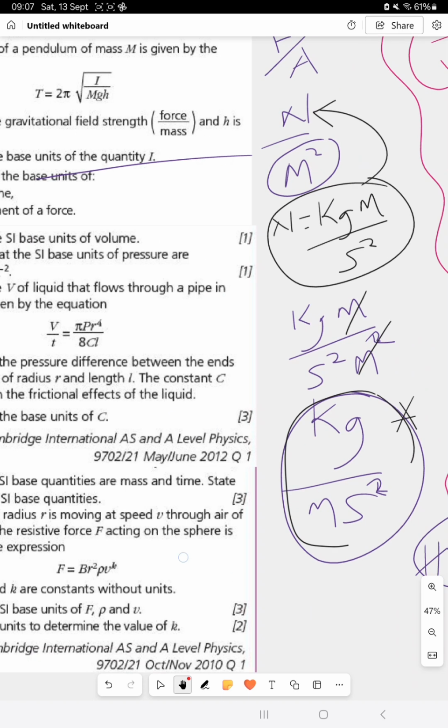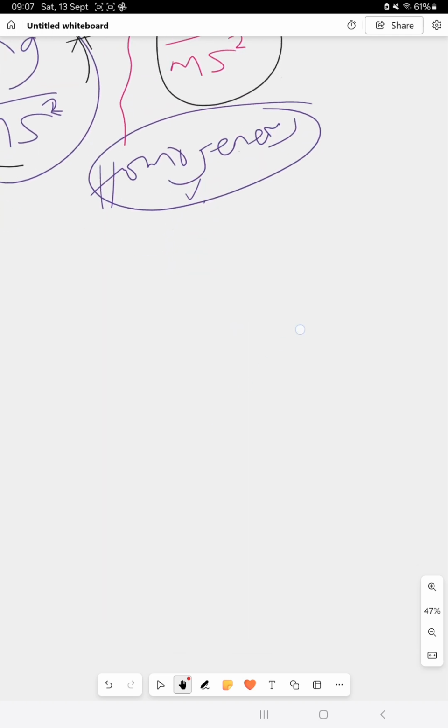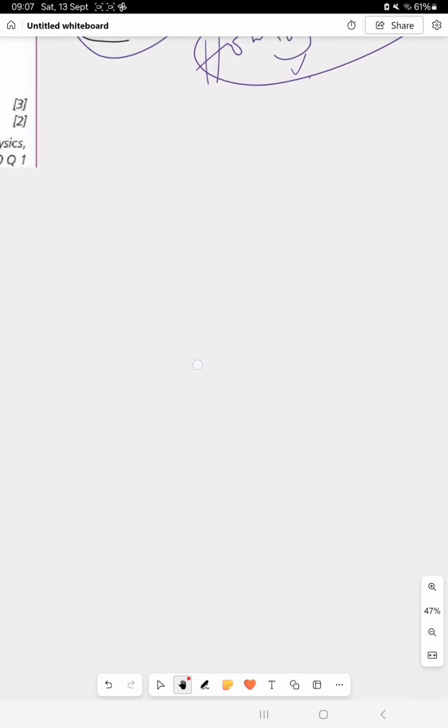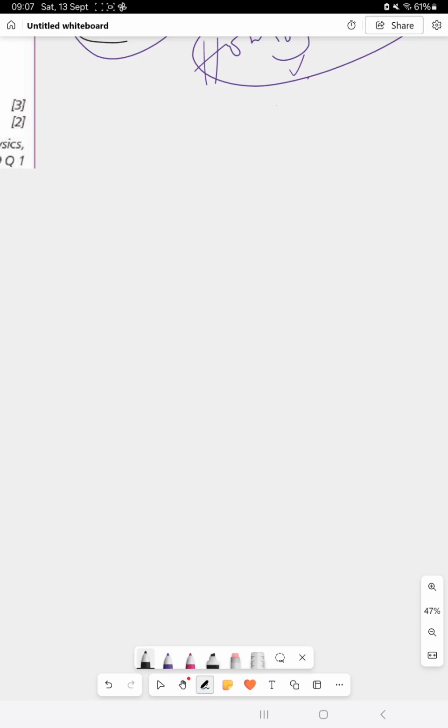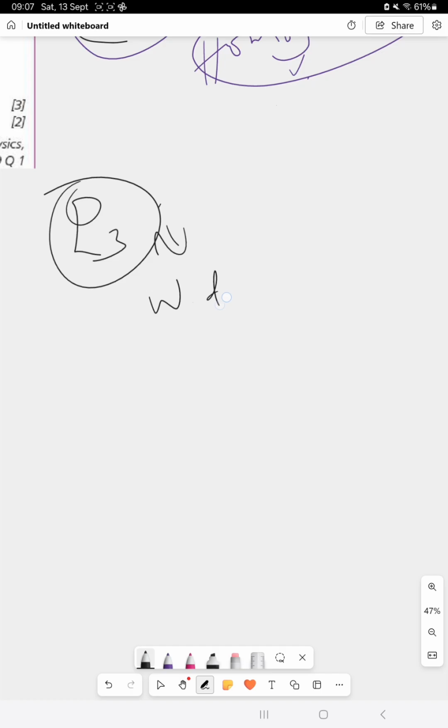This is question 3. Work done is given by force times distance. Now, what are the units of force?